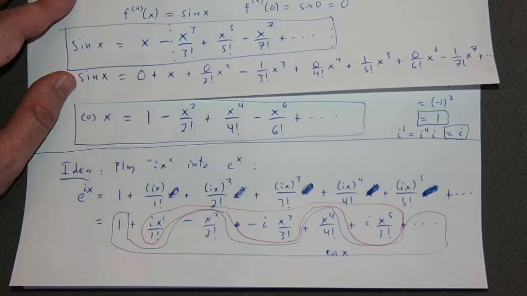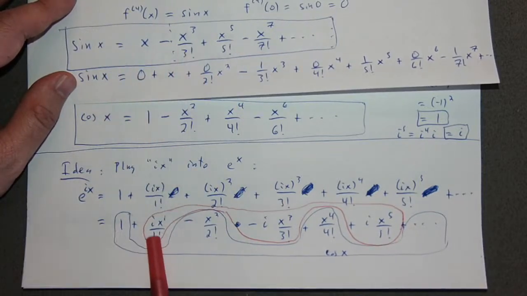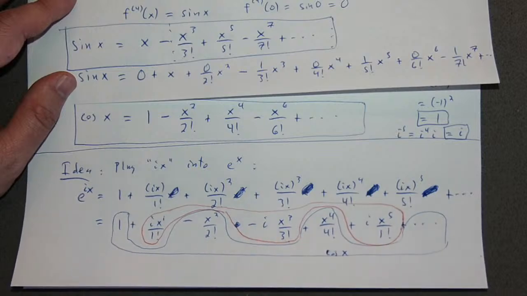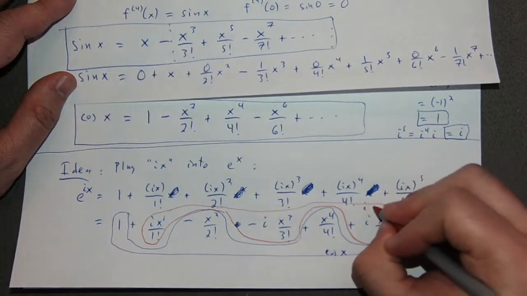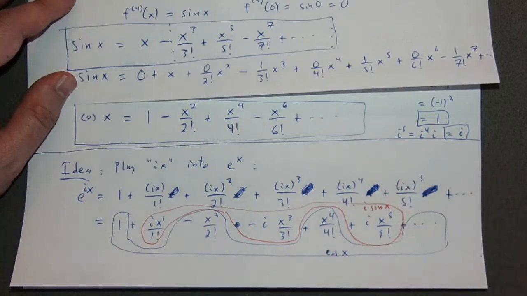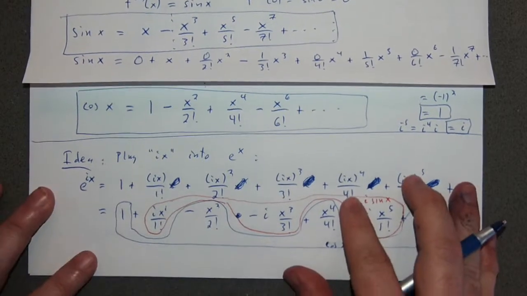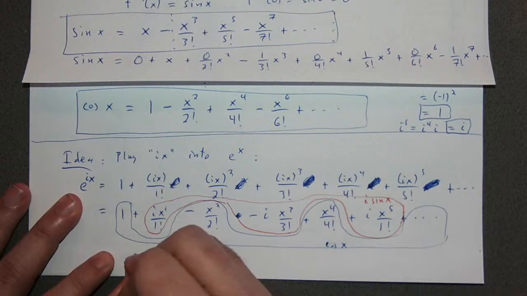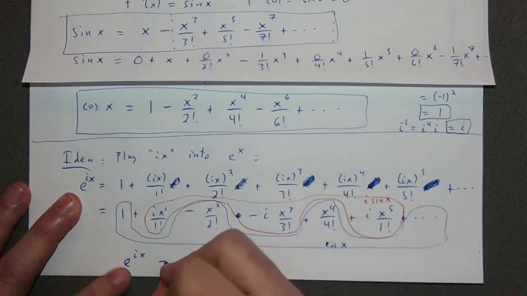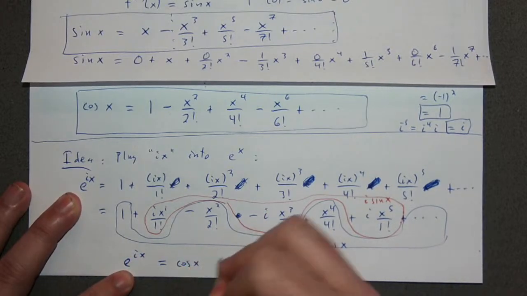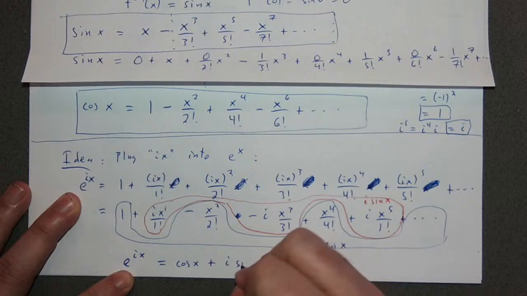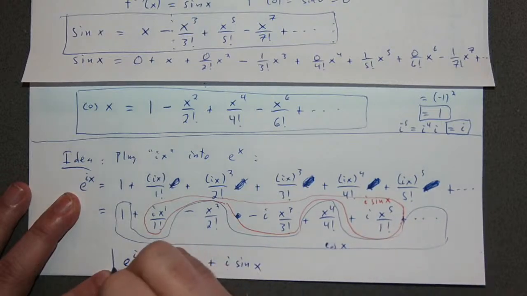It's sine x, right? So it's sine x, but I've multiplied this i outside, so this is i sine x. And so what did we just show? We showed that e to the ix is equal to cosine x plus i sine x.